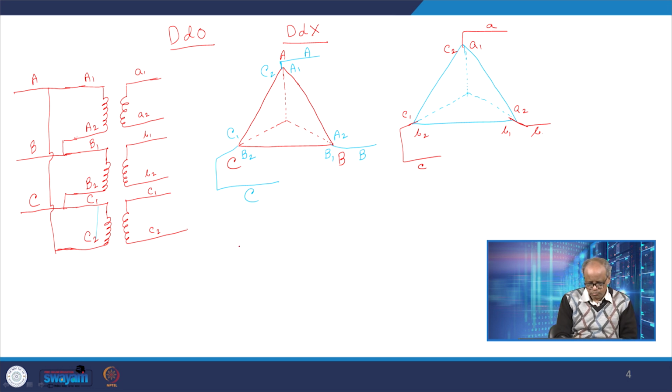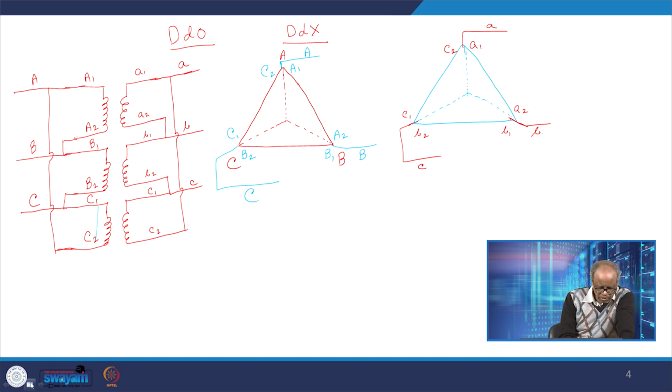After that we do the connection. So A2 B1 is phase B, B2 C1 is phase C, and phase A.